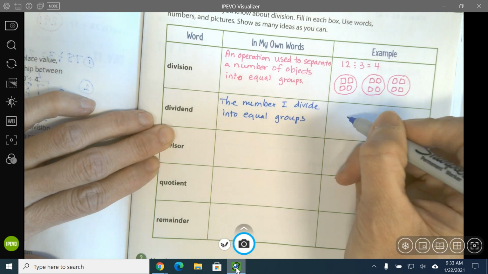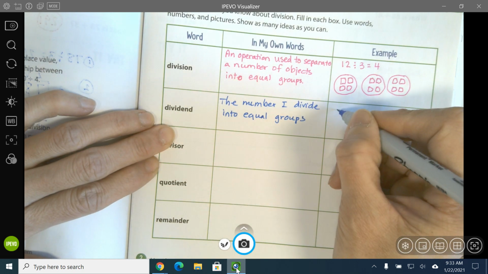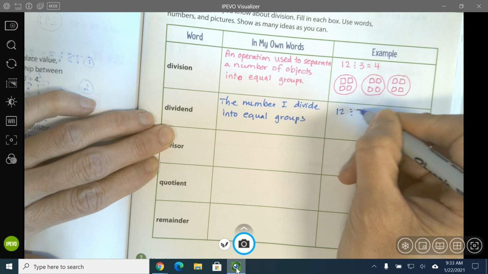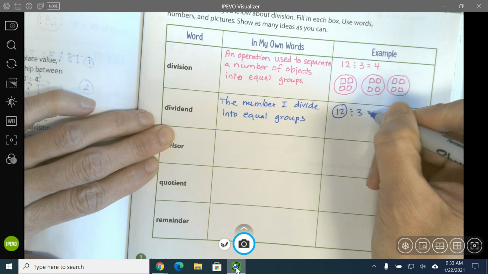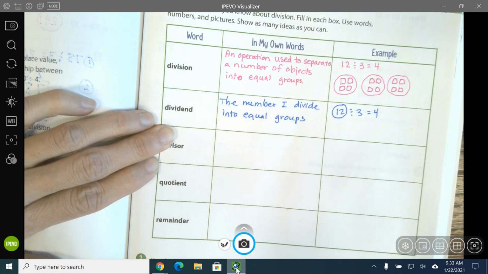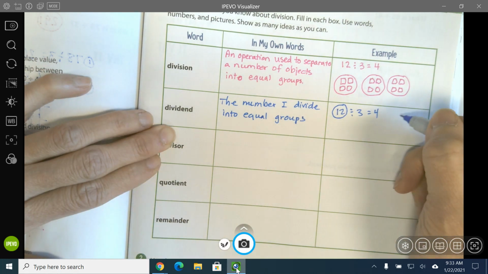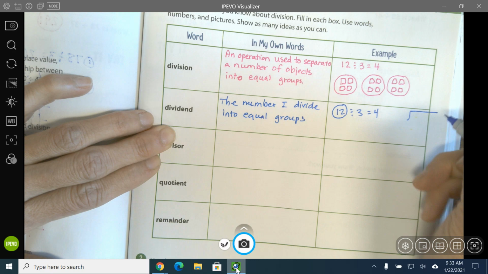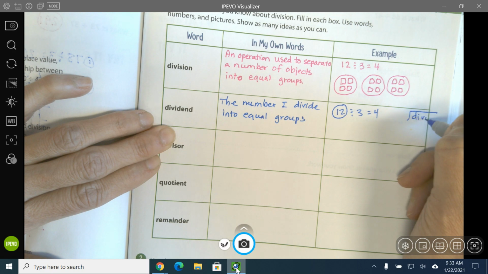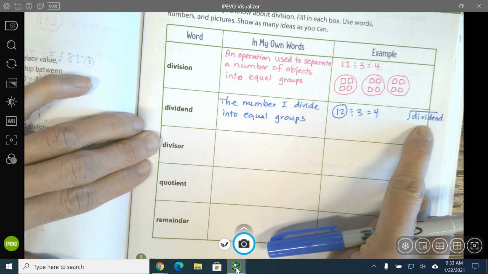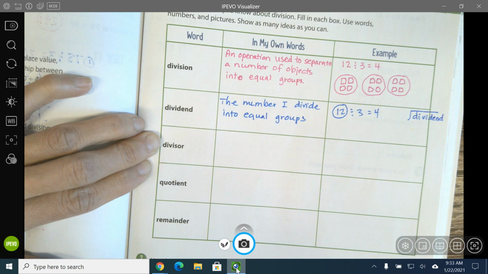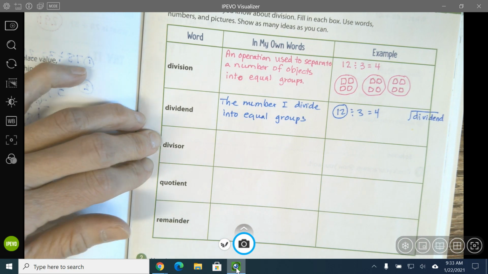I think of it as, let's say I have 12 divided by 3. So the dividend is the amount of money I have. Okay? Think about the dividend as the amount of money that I have. So if I were to divide this, the word dividend stays in here. It's the amount of money that I have. Right there. The dividend is the moolah.